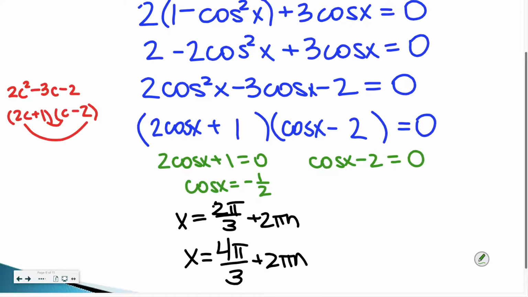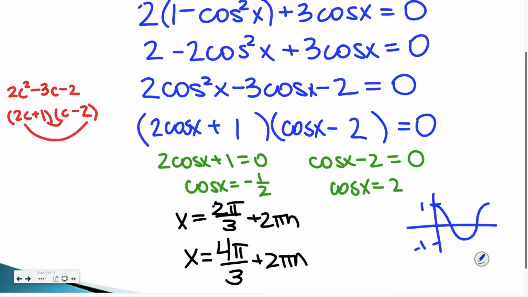How about over here? The cosine of x equals 2. What's the range of cosine of x? Negative 1 to 1.